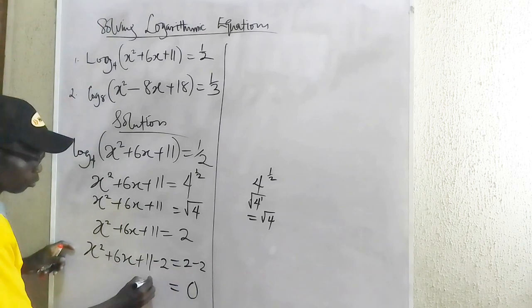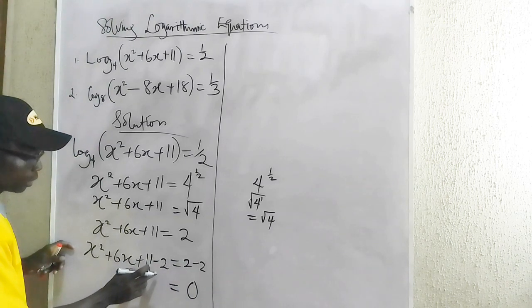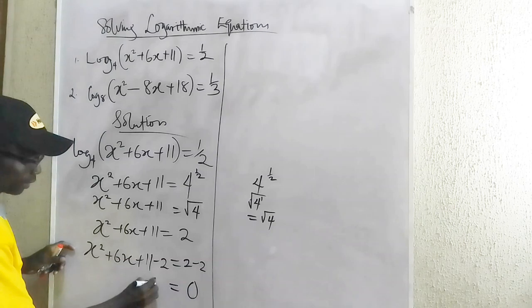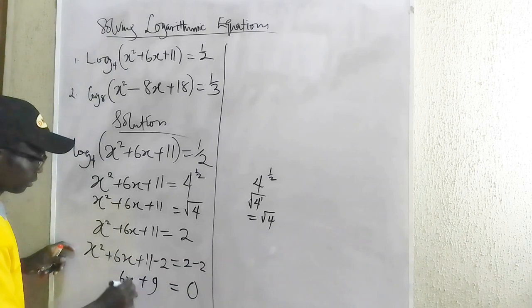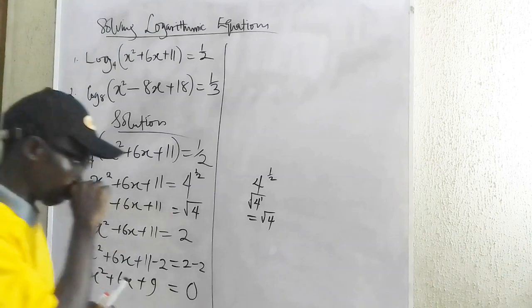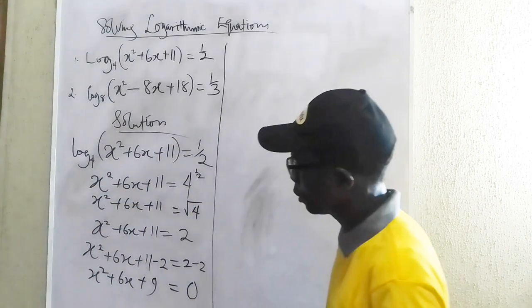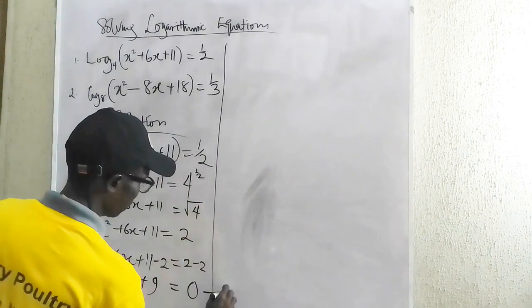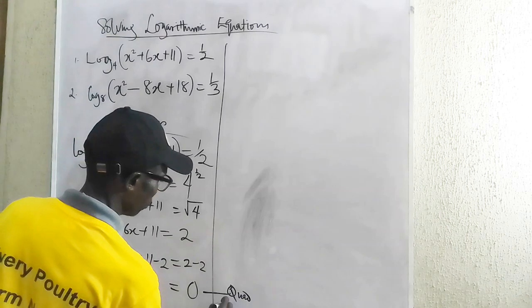And 11 minus 2 is what? 11 minus 2 is 9. So we have x raised to the power of 2 plus 6x plus 9. Here you can see we arrived at a quadratic equation.